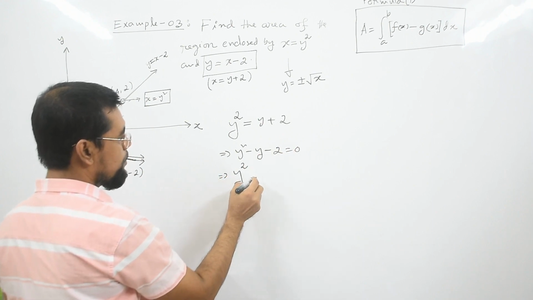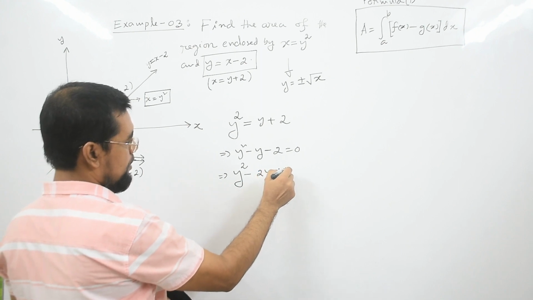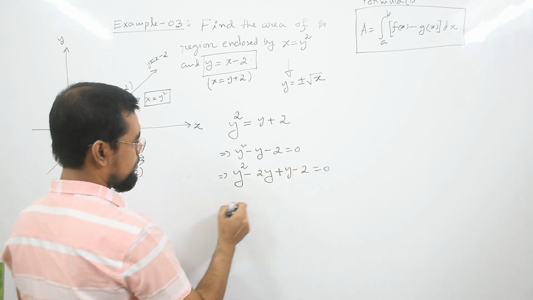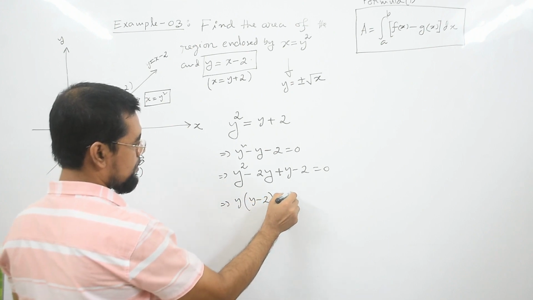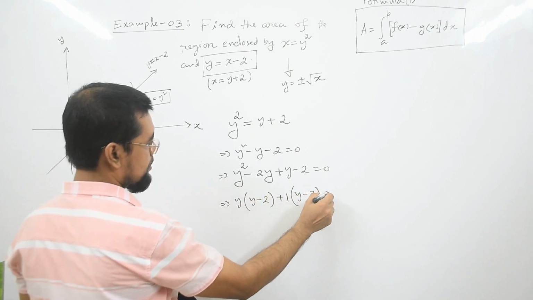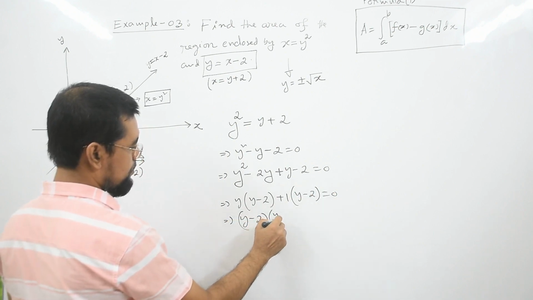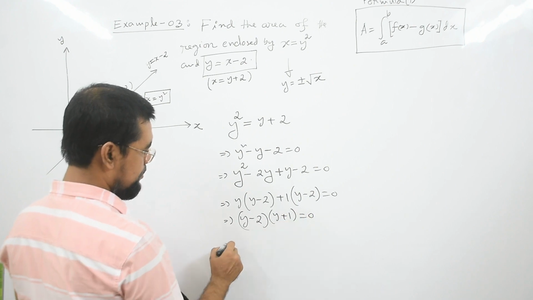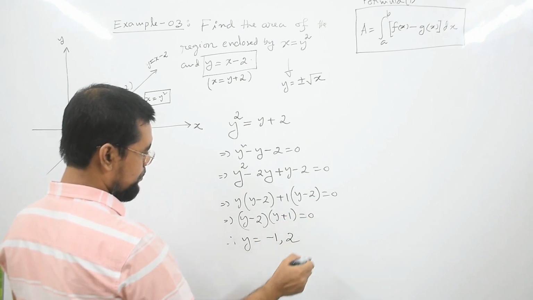By factoring, I can write y square minus 2y plus y minus 2 equal 0. y into y minus 2 plus 1 times y minus 2 equal 0. This implies y minus 2, y plus 1 equal 0. Therefore, y equal negative 1 and 2.